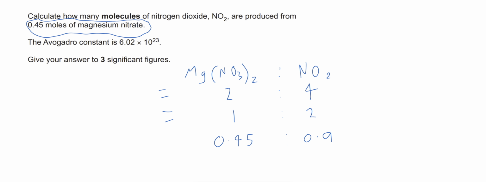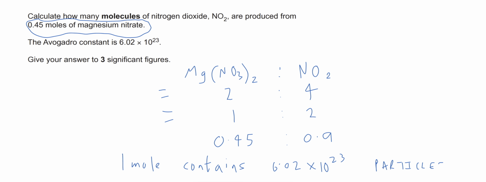And then, using the Avogadro constant, you know that 1 mole contains 6.02 times 10 to the 23 particles. And those particles can be atoms, molecules, or ions.